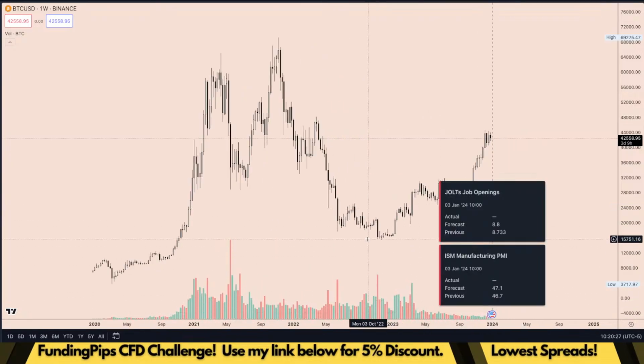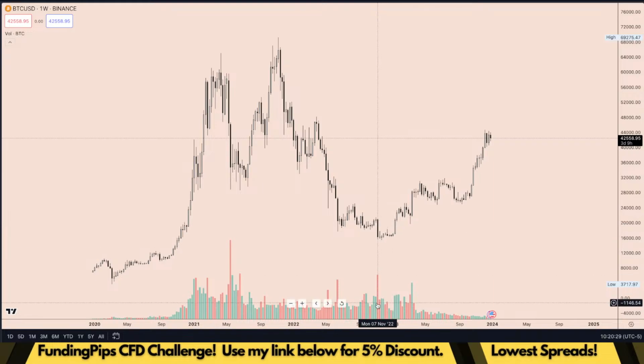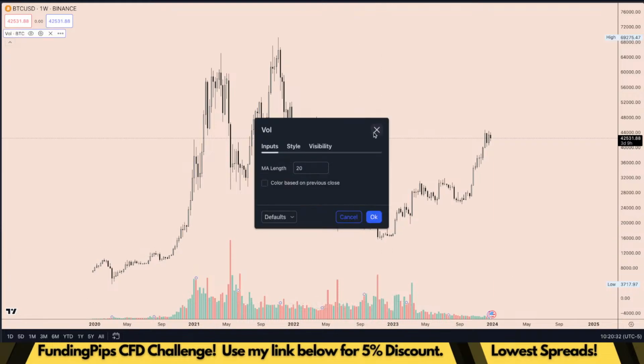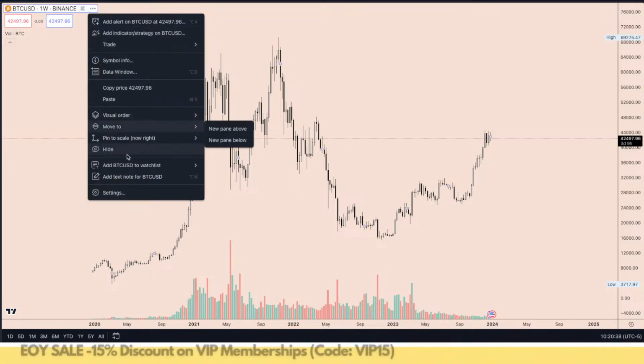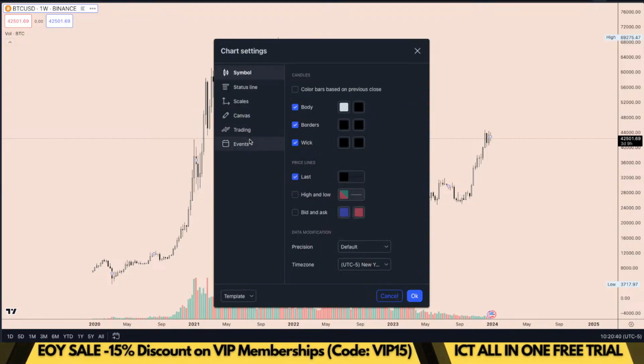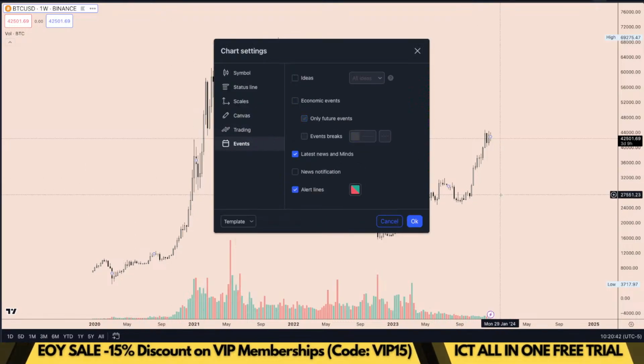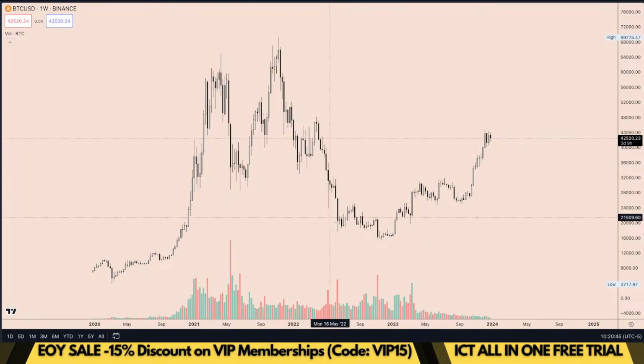What's really interesting to me, looking at the Binance Bitcoin US dollar chart here on a weekly time frame. First thing that I noticed, let's get rid of these events here. See that volume?